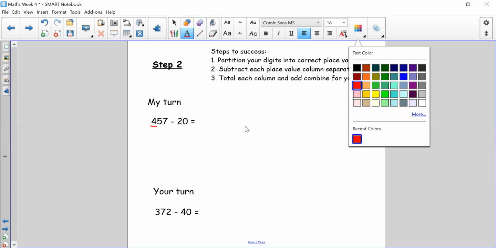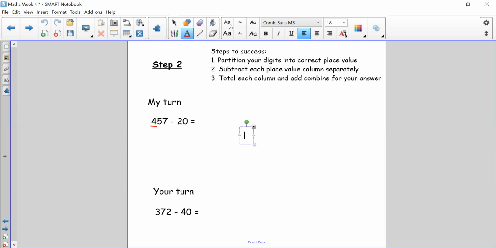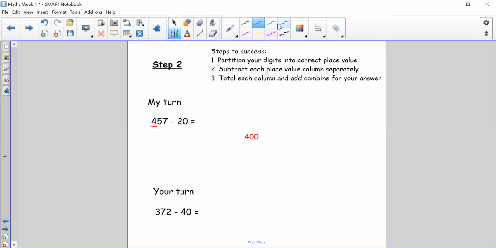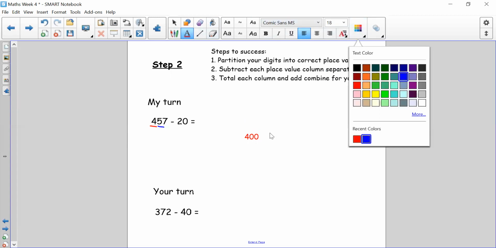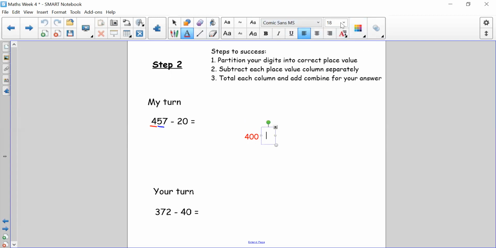Let's partition our 400 first. So we have, let's make this a bit bigger so we can see, 400. Okay, now we're going to partition our 50, our 5 10s. Make sure this is bigger. 50.